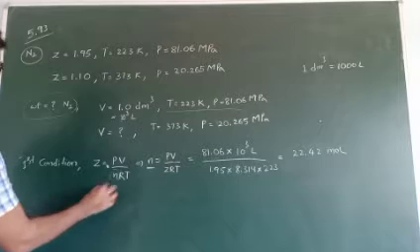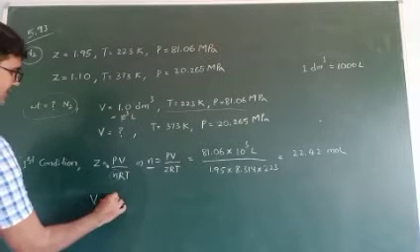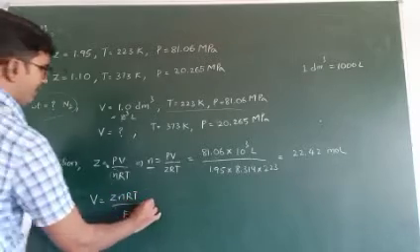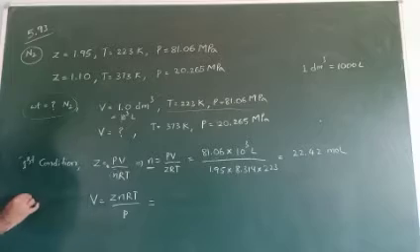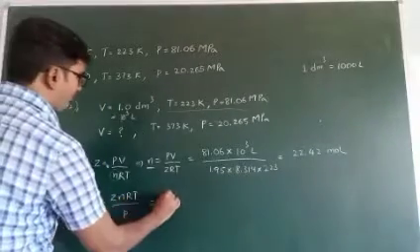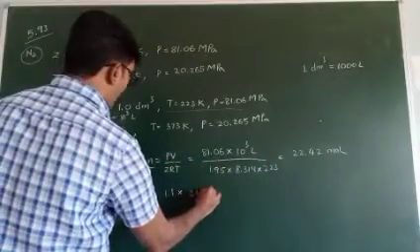So we calculate the moles, substitute here, and calculate volume. So for volume, what is the formula? V is equal to, this one move to this side, ZnRT by P. What is the Z value for second condition? Second condition Z value is 1.1. What is the N value? 22.42.